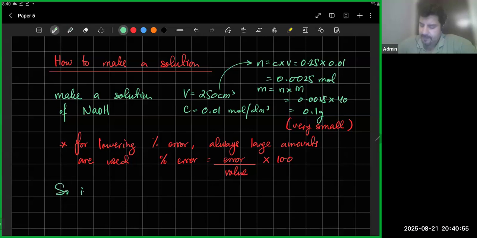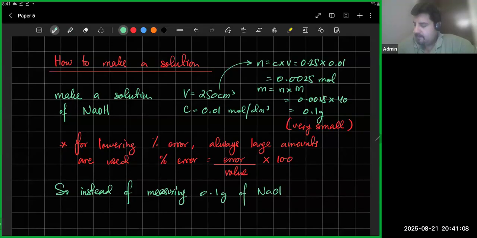So instead of measuring 0.1 grams of NaOH, to improve the accuracy or to reduce the percentage error, I'm not even going to measure 1 gram, I'm going to measure 10 grams.